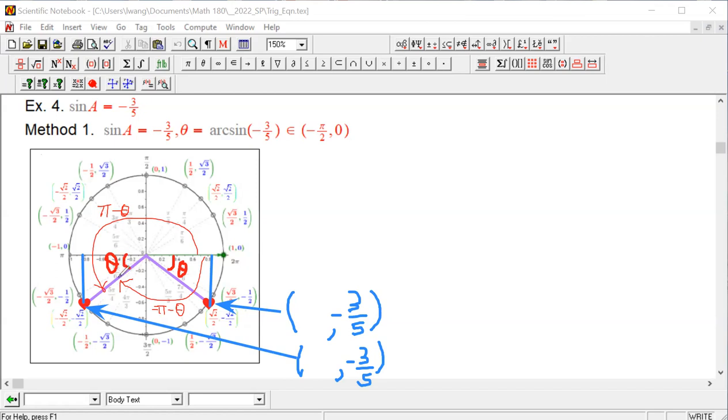So this is going to be minus theta, because the effect will be negative pi plus the actual size of that angle. You want to come back counterclockwise, so negative pi minus theta.